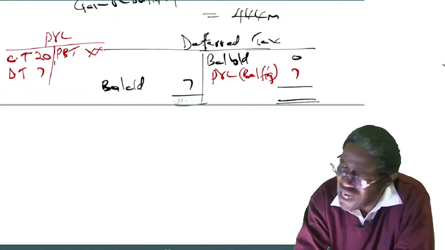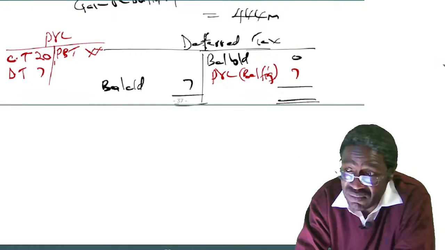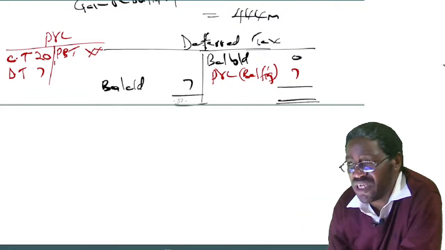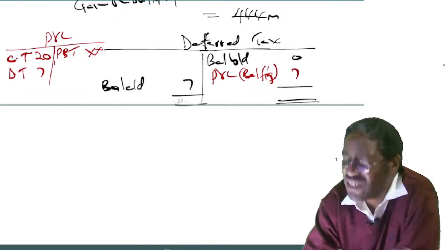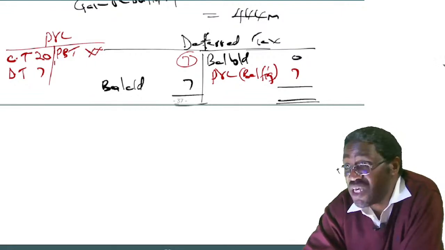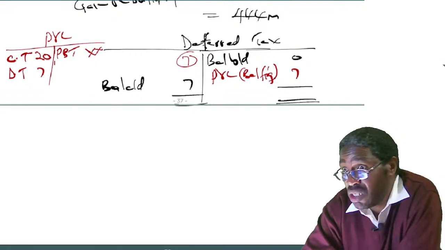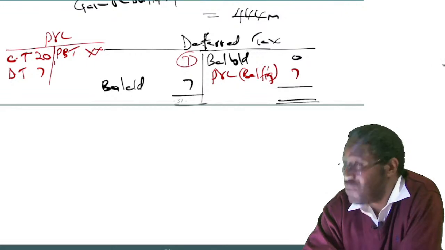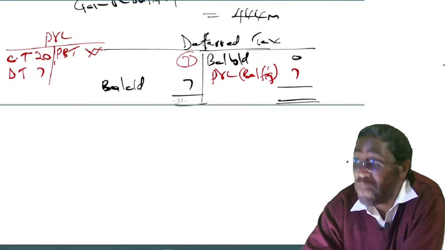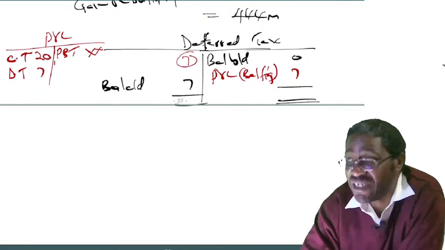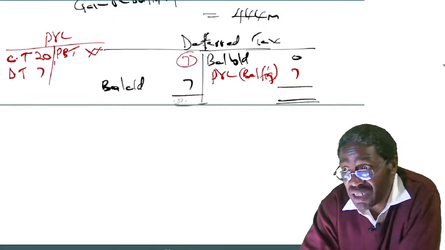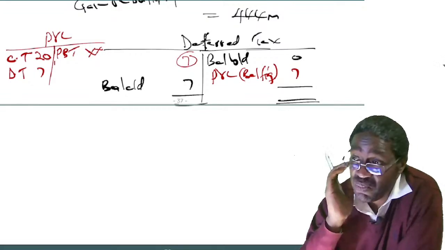Listen, otherwise we saw last time, assuming the 7 in the deferred tax was on the debit. Suppose we had debited deferred tax by 7 as a balancing figure, meaning the charge. If we had debited deferred tax by 7, it means I would have gone to the P&L account and credited. That would be the double entry. I would have debited deferred tax, I would have credited P&L account.